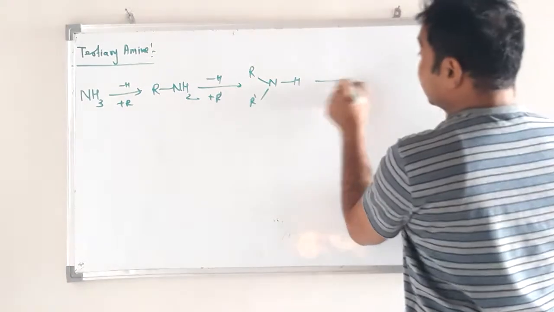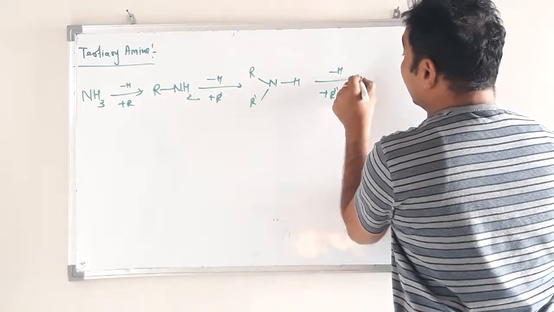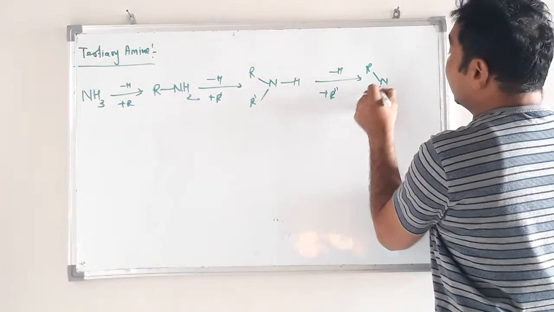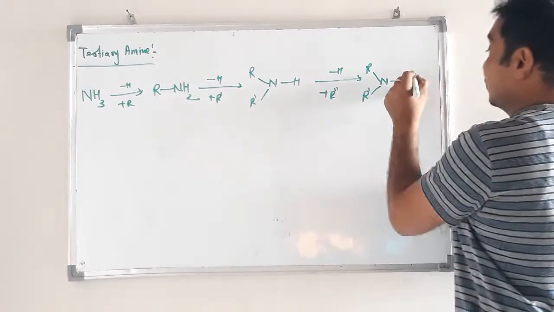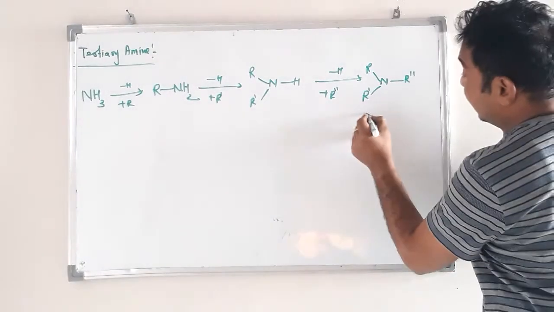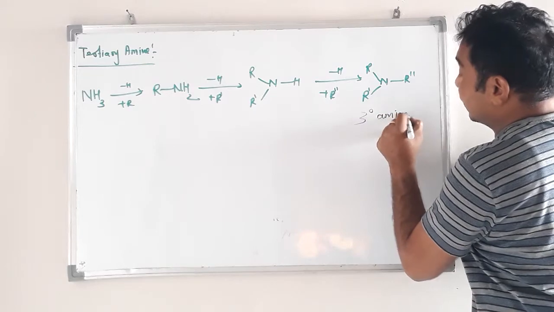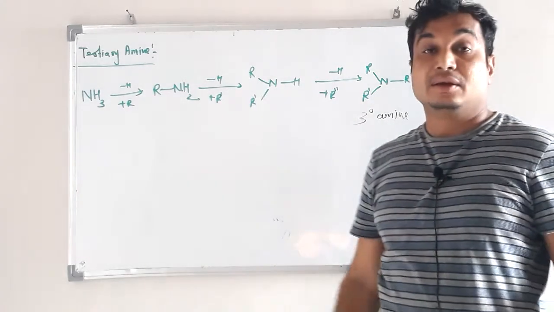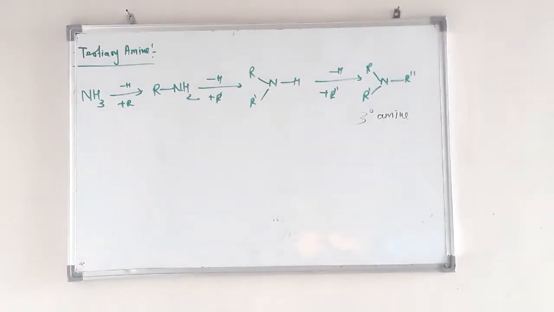Again replace the last hydrogen by an alkyl group, same or different, maybe alkyl or aryl, you will get this type of compound, that is called a tertiary amine. It is obtained by replacing three hydrogen atoms from ammonia by three alkyl groups, same or different, three aryl groups, same or different, or both alkyl as well as aryl groups.